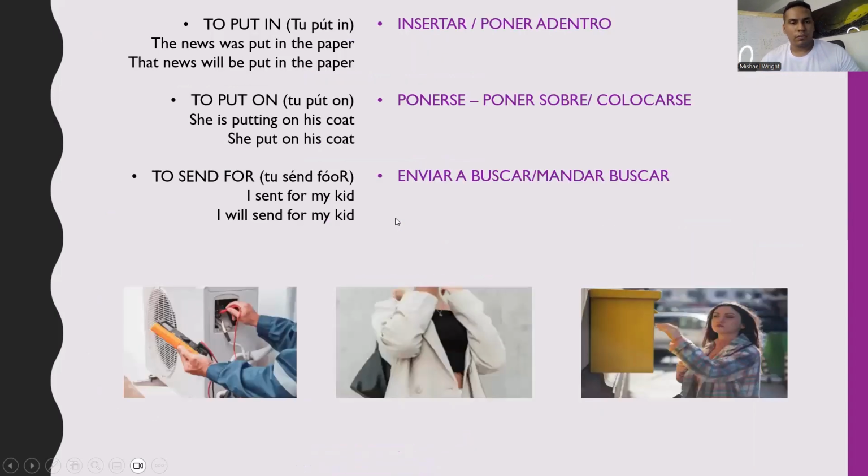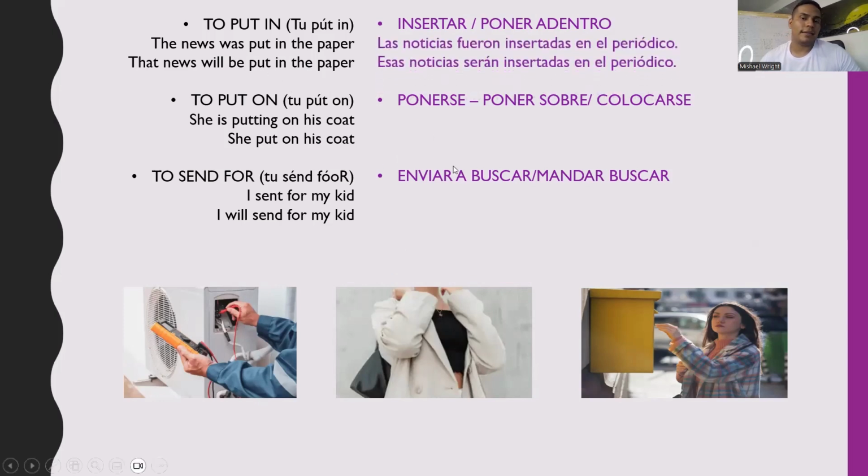Okay, so we have to put in, that means to insert or to put something inside a container or something like that, right? So the news was put in the paper. The news will be put in the paper, right? Will be added. So to put on, that is similar to try on, right?